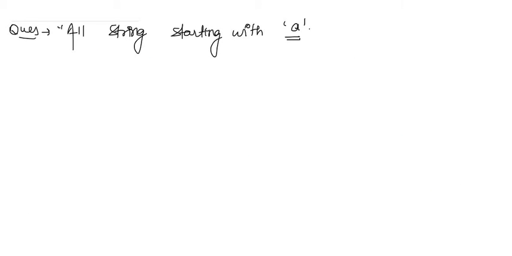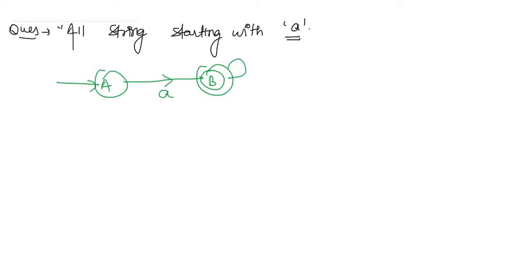So first we need to construct the NFA. The NFA will be like this: we need to start from the state A, so A should be the start state, and after that whatever comes we will accept all these strings. So this is the NFA for this question.